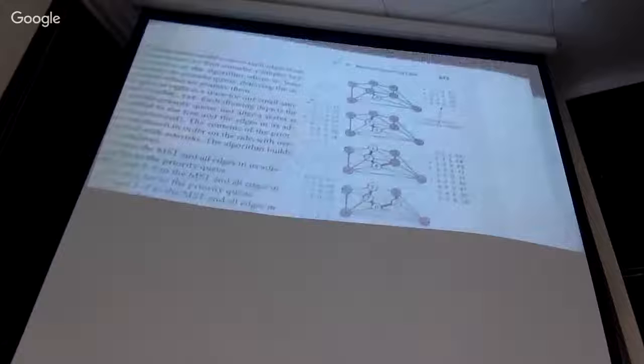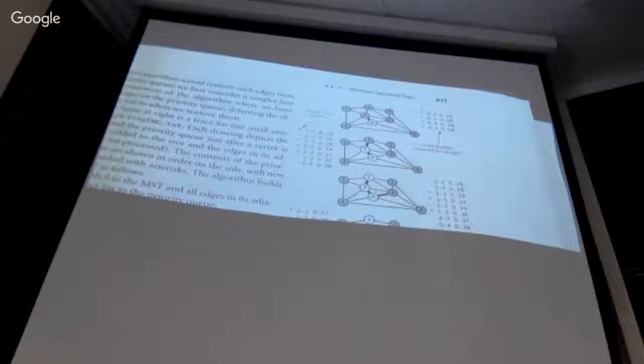And for the test, what you have to know is, of course, the propositions, but also, if I give you an undirected graph with the edge weights and the adjacency list, you must construct the order in which the nodes are added to the minimum spanning tree.